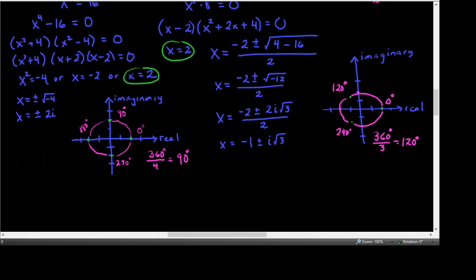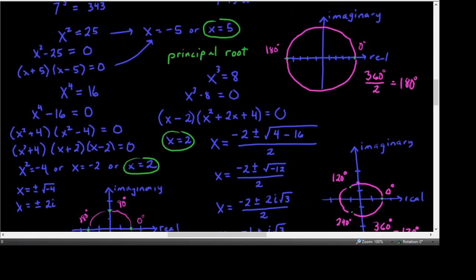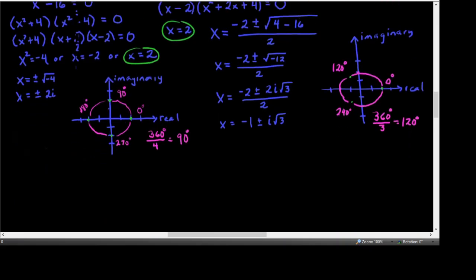And those are my 3 answer locations. So, what would the polar form of these answers be? That's a whole other thing to consider. Let's go to this one. The first one would be x is 2 cis 0 degrees, because the radius is 2, right?